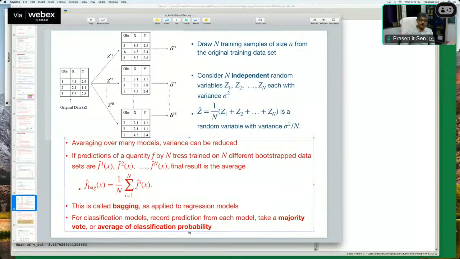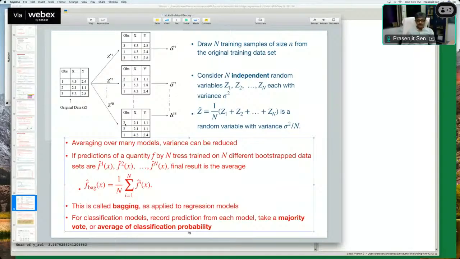You randomly draw a sample of size n, here of size 3, but you are allowed to draw a particular sample repeatedly. You draw a sample, place it back into the data set, then draw another. So you might get the same thing once again. You could get 3, 1, 3, or 2, 3, 1, or 2, 2, 1, and so on. So you can create n random samples. This method is called bootstrapping.